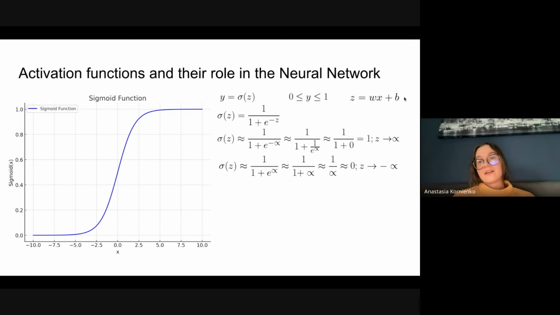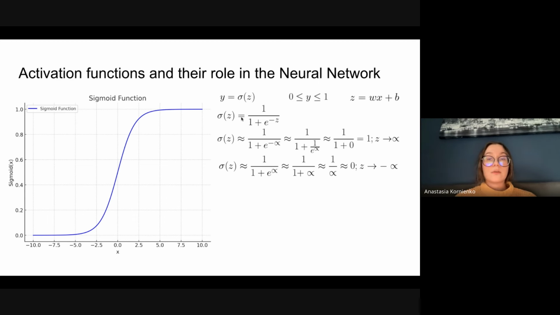Here sigma of z is the output, and z is wx plus b. It's the linear function that I told you about earlier. And this is the function of sigma, how it looks.